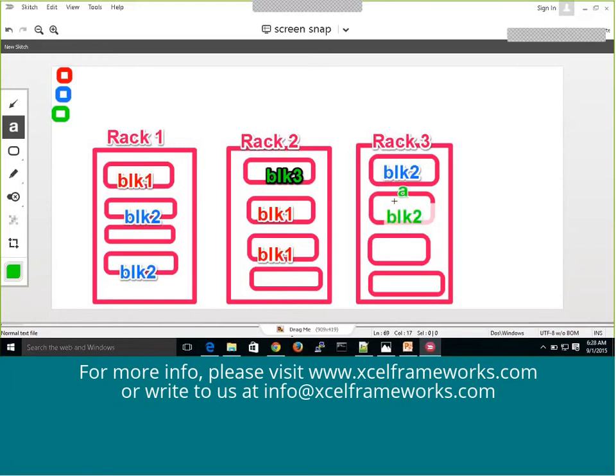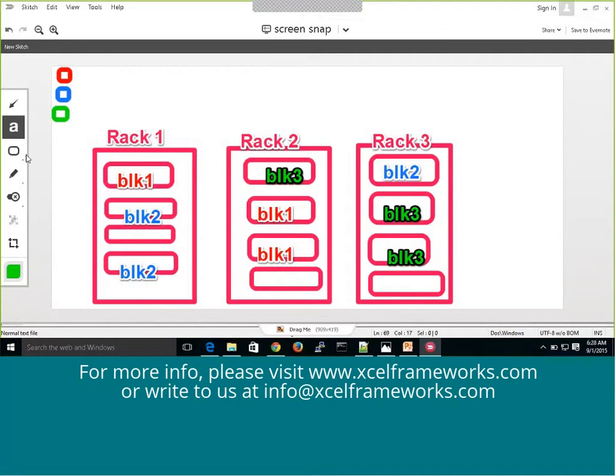Do you guys notice a pattern here? Can you spot a pattern, or is there no pattern as such? Any similarity in the way the blocks are written? Yes, Kumar, what is that? Like when it's writing block 1, in the first rack data is stored, and then in the second rack the replication of the block is made, and the next one is replicated in the same rack.